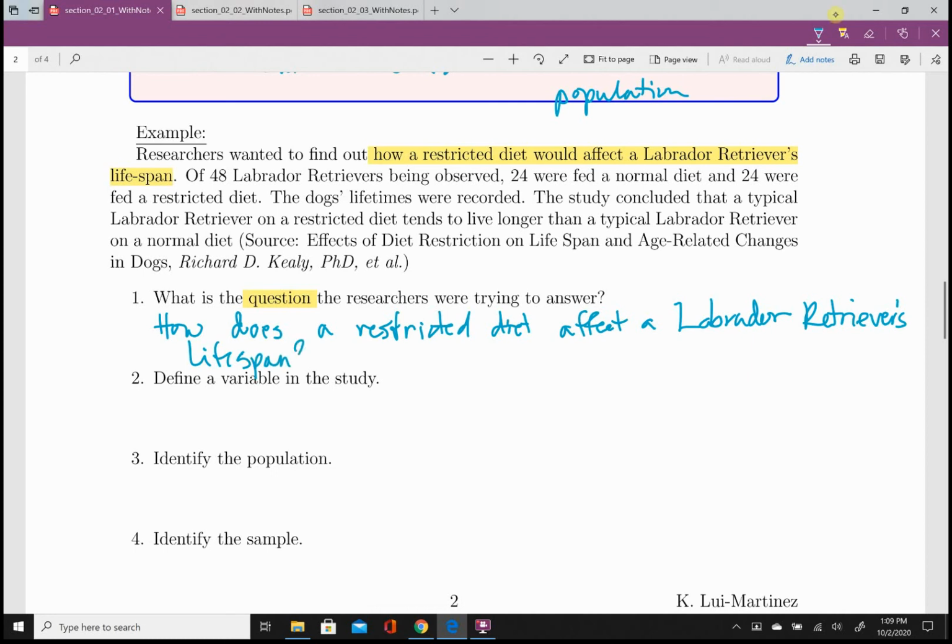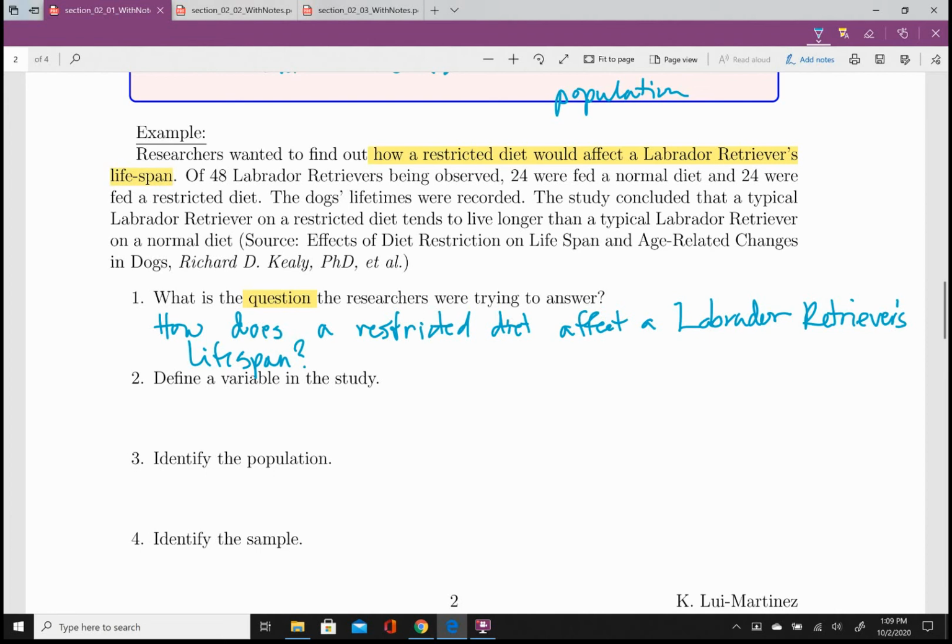And often you will find the question very early on in the description of the study. Usually it's in the first sentence. That's not always the case, but certainly the case here, and it's often the case.